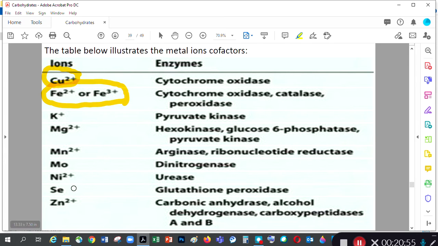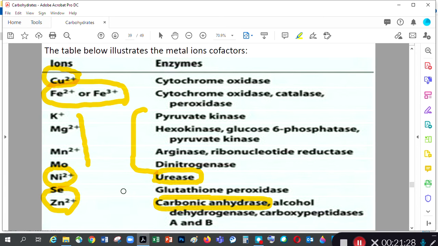If I look at nickel, urease, from urea. And zinc 2 plus, we just saw this. The enzyme is called what? Carbonic anhydrase, which we saw a couple of minutes ago, or alcohol dehydrogenase, or carboxypeptidase A and B. So all those ions are used for different enzymes in very specific types of reactions.